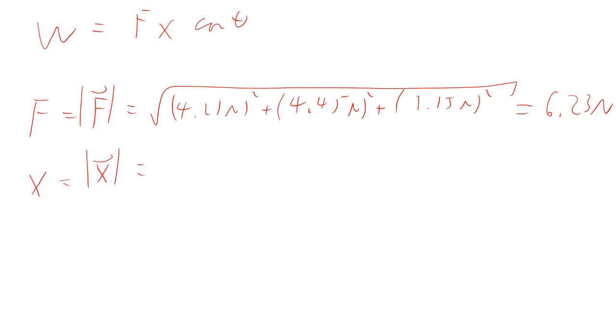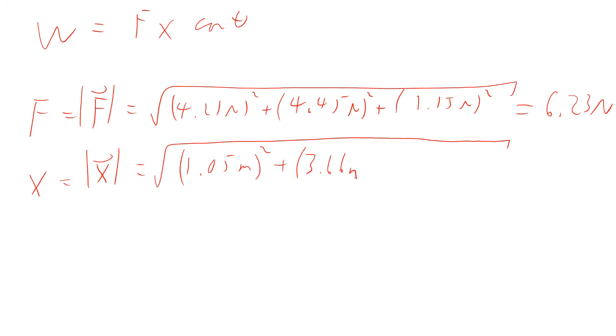The x is going to be the magnitude of the displacement vector. So that is going to be the square root of 1.05 meters squared plus 3.66 meters squared plus 1.21 meters squared.